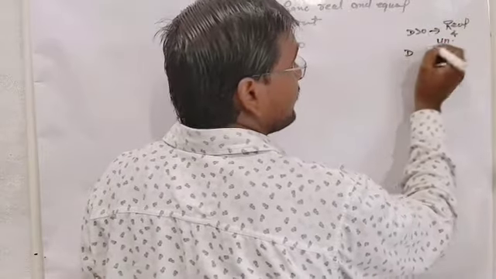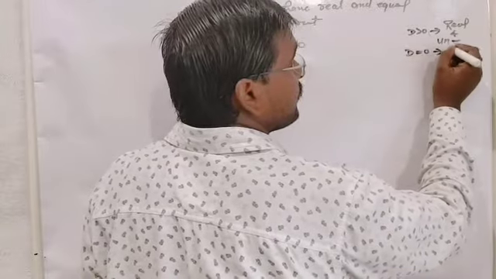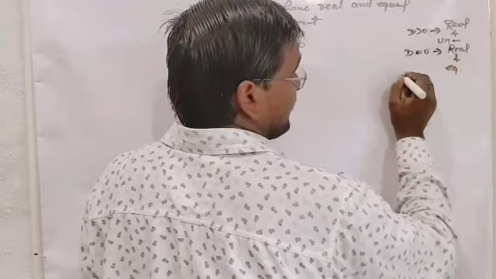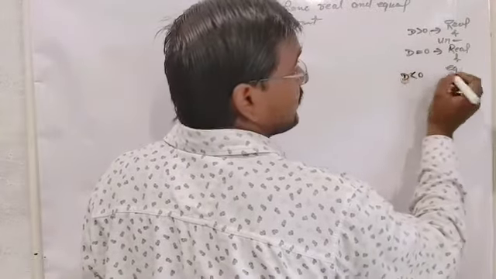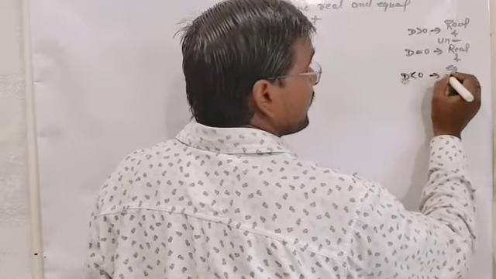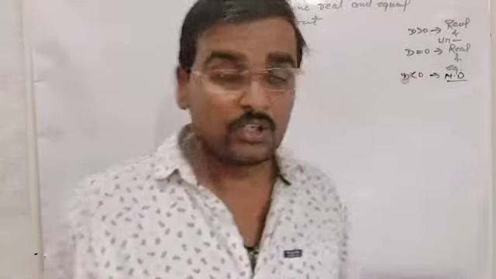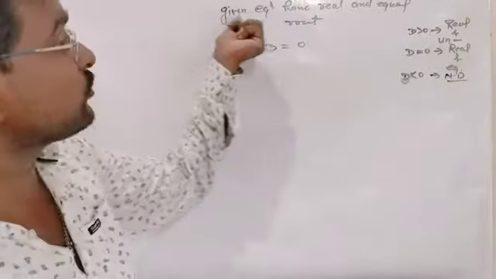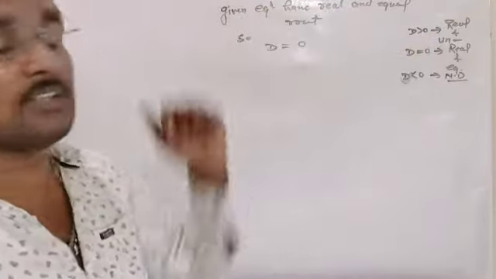When d is equal to 0, the roots are real and equal. When d is less than 0, the roots are not real, so we have written not defined. So here the question says the given equation has real and equal roots, then find the value of k.